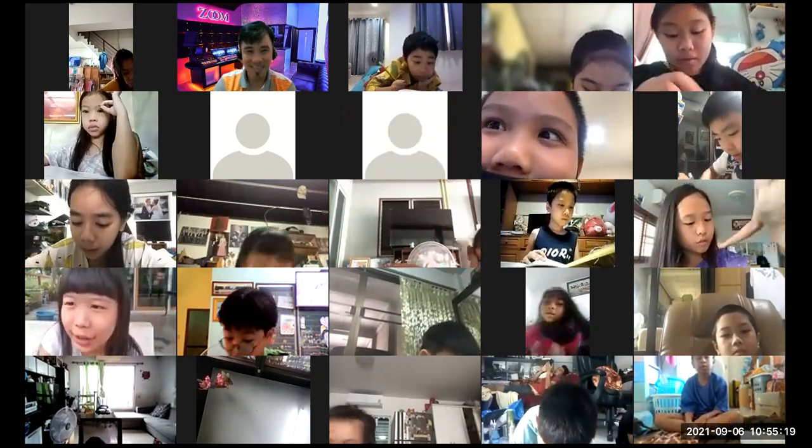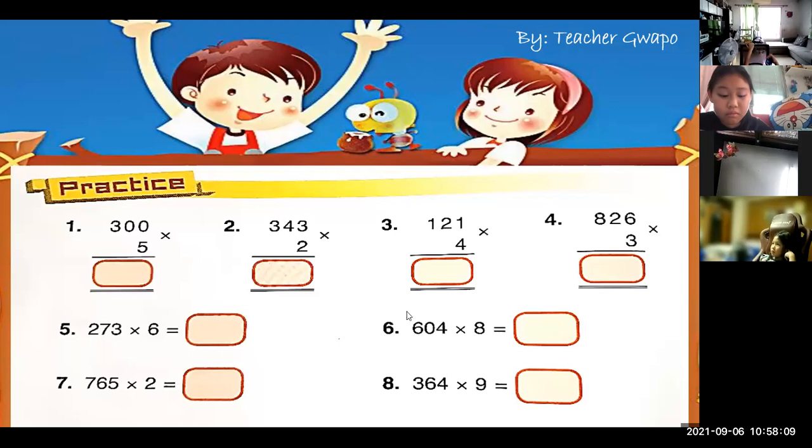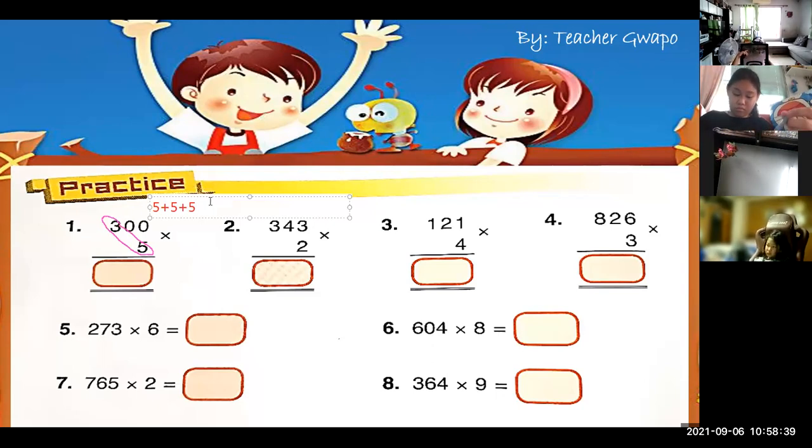Okay. Now, number 1. Kindly check your answer in number 1. It's very easy, right? 300 times 5, you will just multiply 3 times 5. 3 times 5 is just like 5 plus 5 plus 5, which is equal to 15, right?